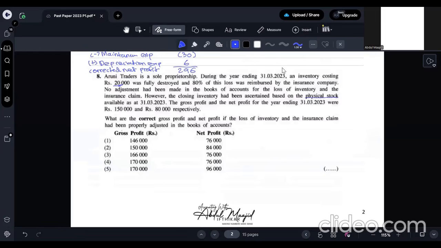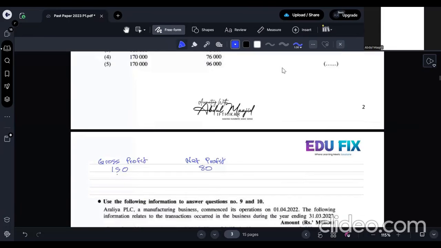So if the stocks are ascertained based on physical stock count, you have to deduct the damaged stock from the cost of sale. So if you are deducting 20,000 under cost of sale, that means your gross profit will increase by 20,000, right? If the cost of sale is decreasing, gross profit will increase. Okay, so you have to add 20,000 stock damage to gross profit.